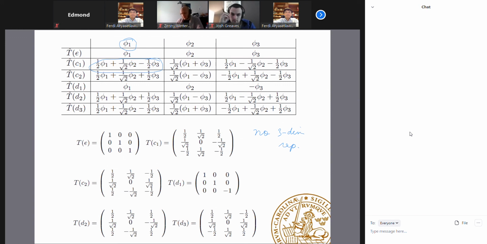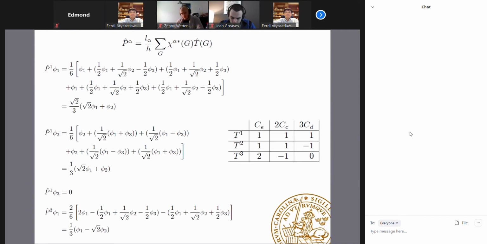There is another equivalent representation that has a block form, because we know there is no three-dimensional irreducible representation. And so to do this, apply the projection operator.